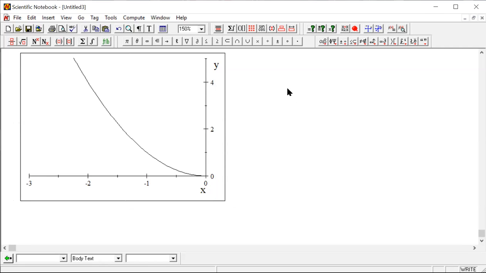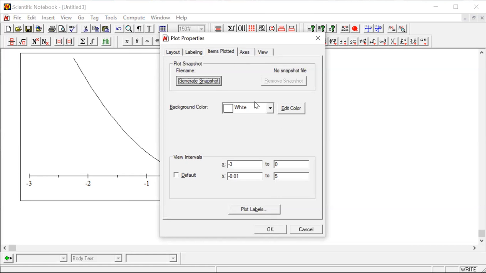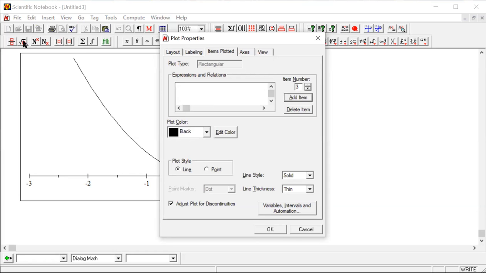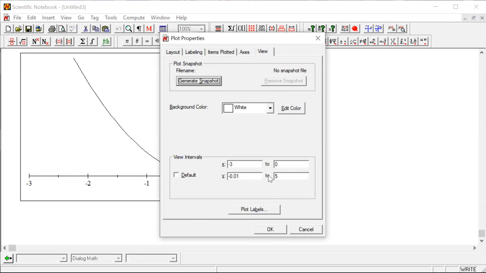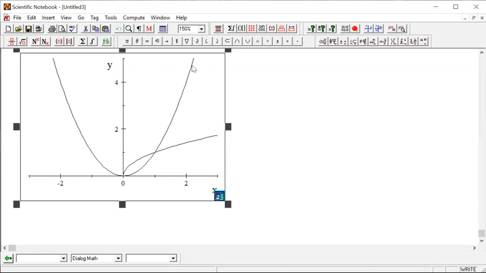Now I'm going to graph square root of x, and I also have to make these adjustments. This piece has to be gone, so I'm going to erase that.